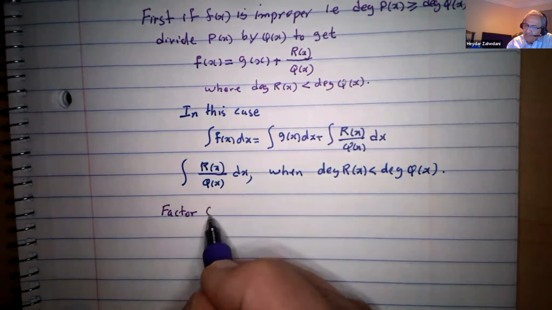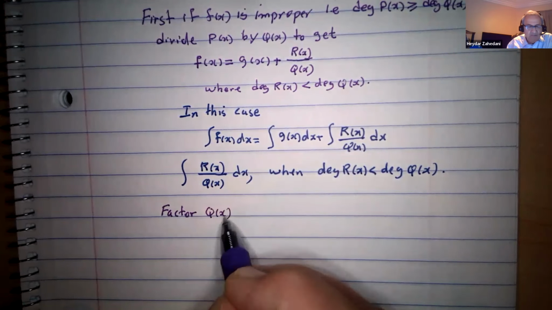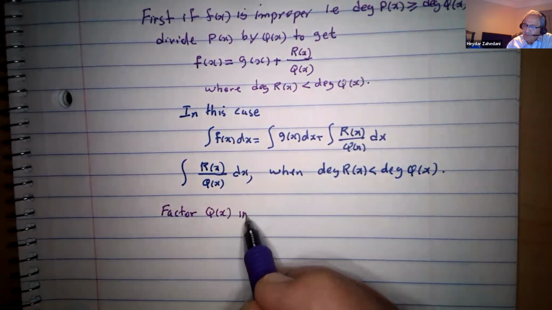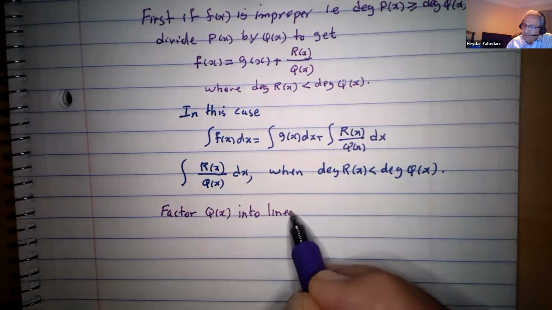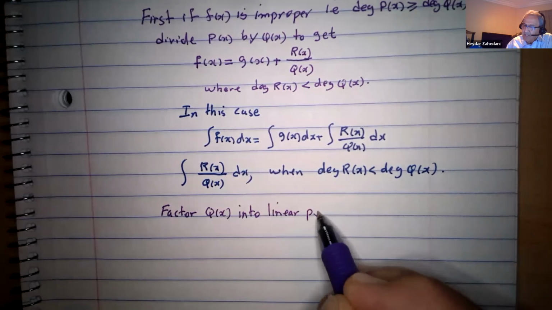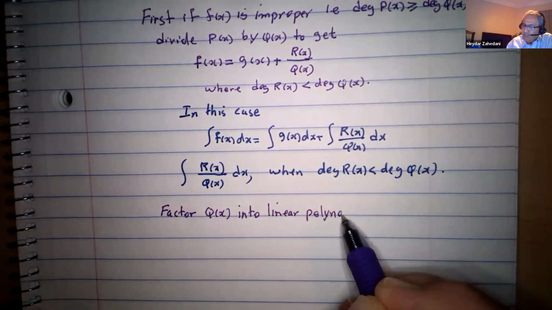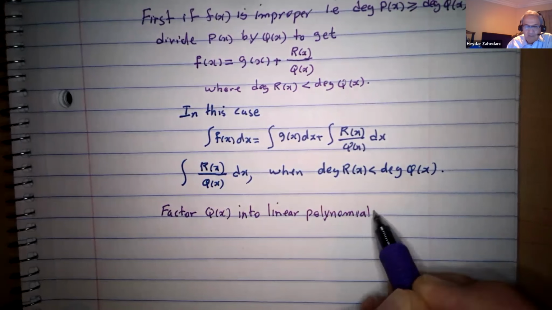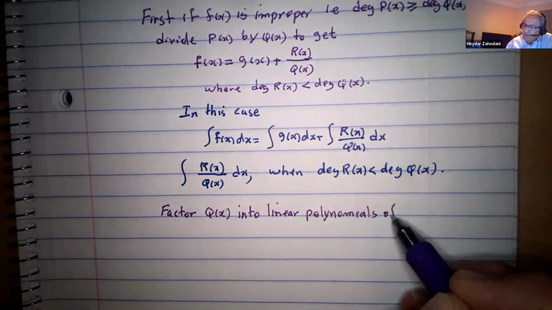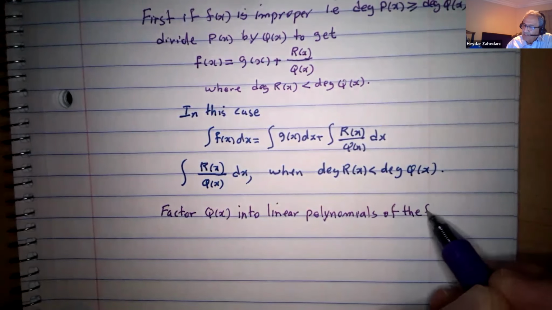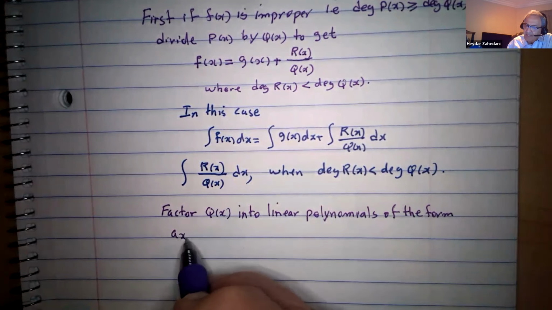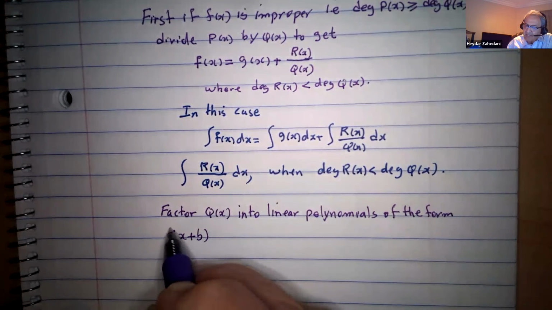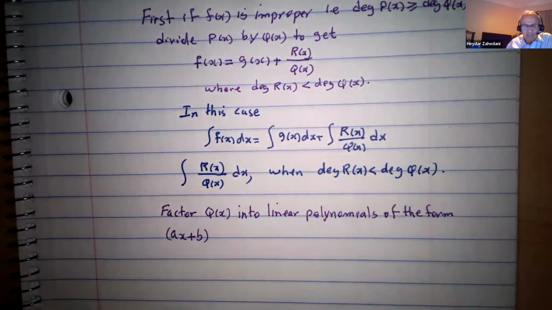So factor q of x into two groups. First, linear polynomials, just like a straight line, of the form ax plus b, like x plus 1, x minus 2, x minus 7.